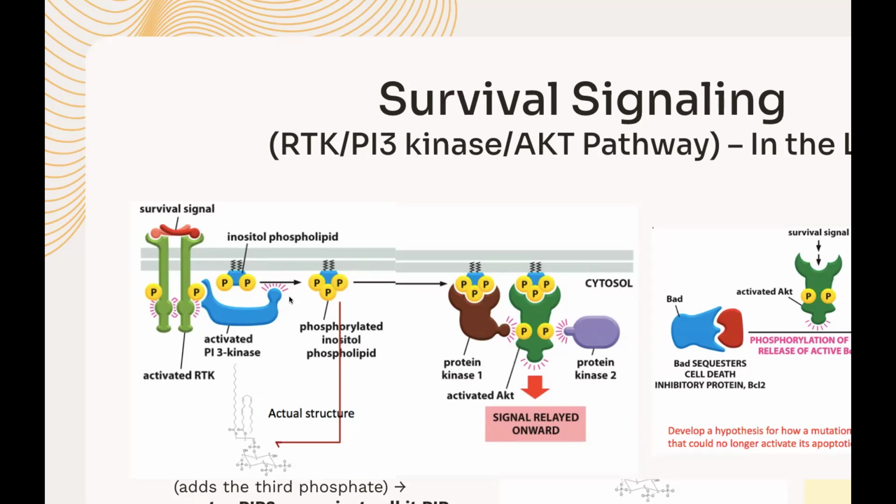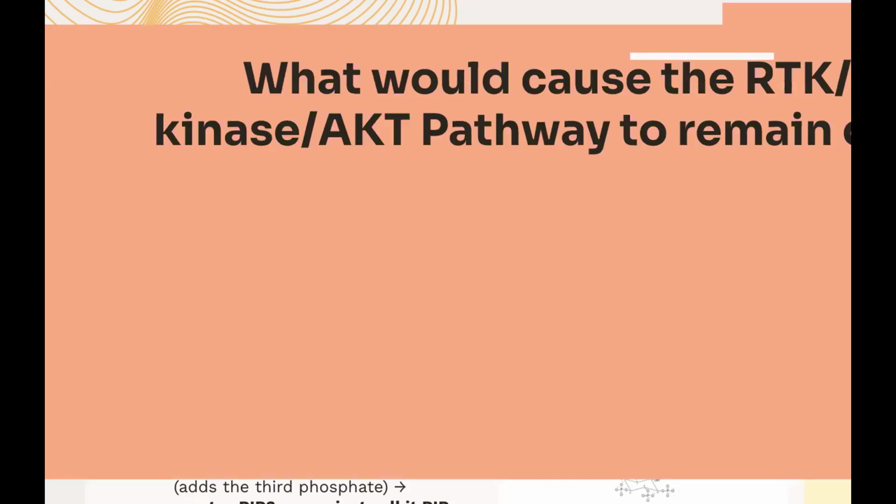Exactly. So if you have this always on, this always gets turned on, and everything further stays on. What else? How about something that could make the pathway always be off? Yeah, so loss of function of this wouldn't be able to phosphorylate this, which wouldn't activate it or release it or anything further down, right? All right. Those are good examples.